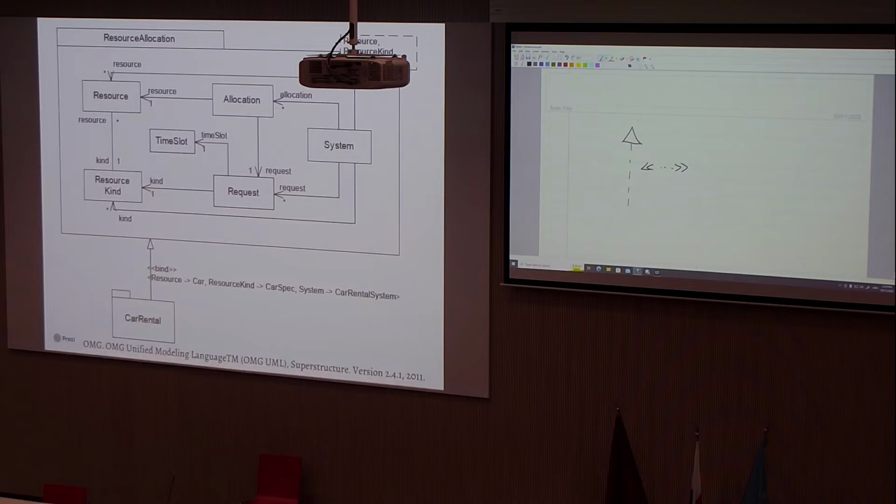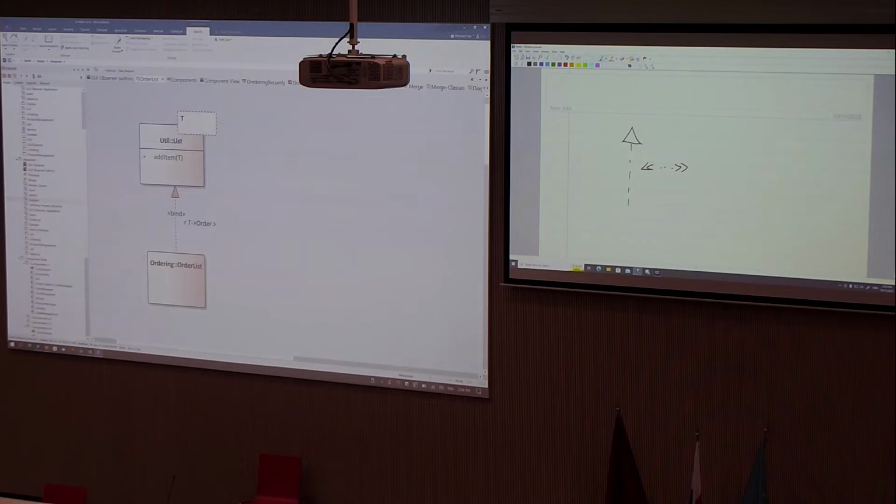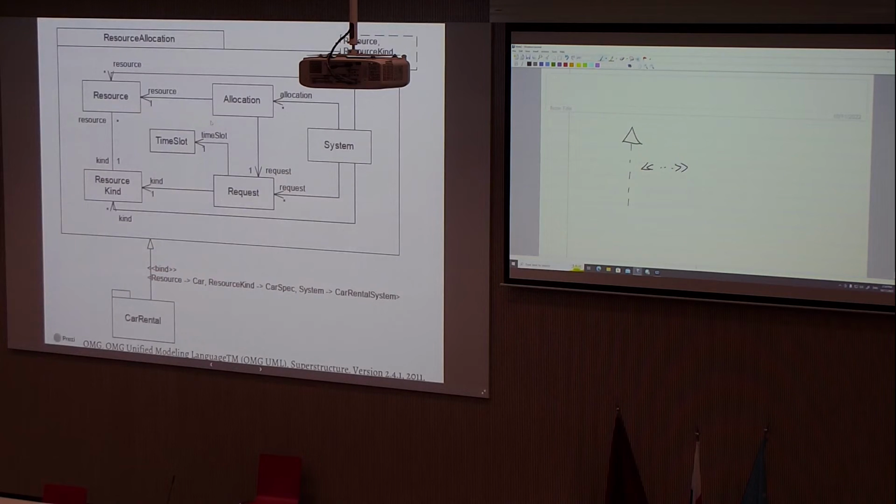Here are your template parameters like this. So it's a package template like class template. You cannot draw this properly in Enterprise Architect yet. At least I haven't checked, I must admit, the newest version, the latest version.